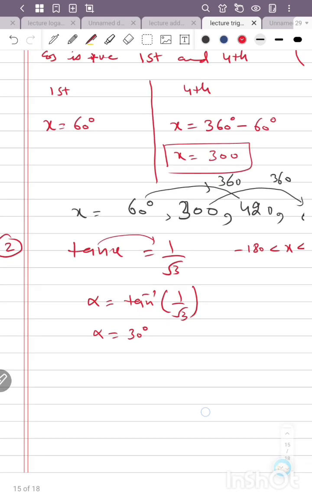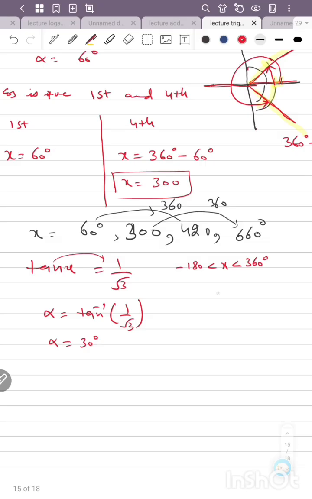Okay, now we know in which quadrant tan is positive and in which it is negative. Tan is positive in the first quadrant and in the third quadrant. Theta equal to alpha, and here we write theta equal to 180 plus alpha.